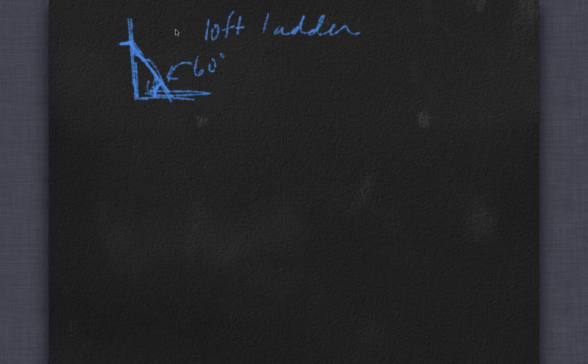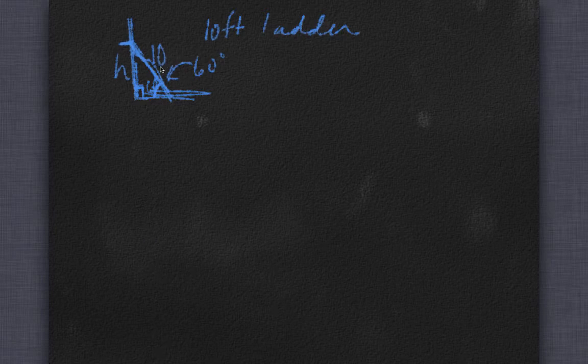So in this case, instead of solving for an entire triangle, the only thing I really want is this side. So I'm not going to have a lot of decision making to do about which trig function to use. I've been given the hypotenuse, because this is the ladder. This is the right angle, unless the building's crooked, which we assume it's not.